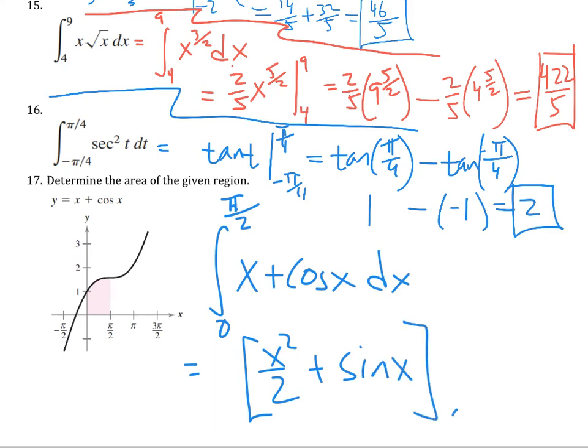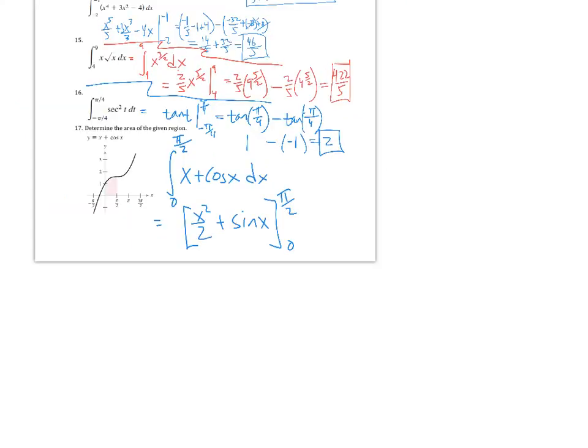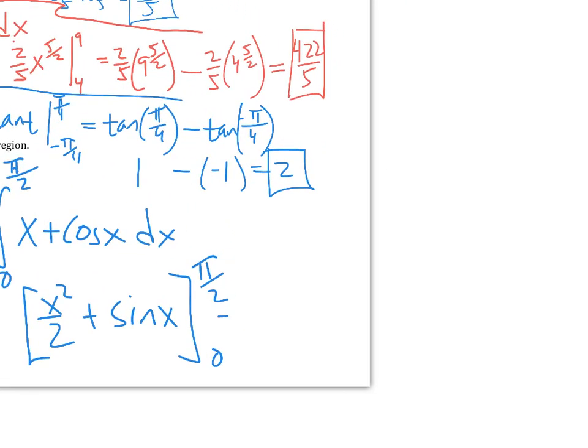And we're going to do that from 0 to pi/2. All right? And what is that going to give us? Evaluate this at pi/2, and we're going to get pi/2 squared, which is pi/4. That's going to be pi/8, plus the sine of pi/2.